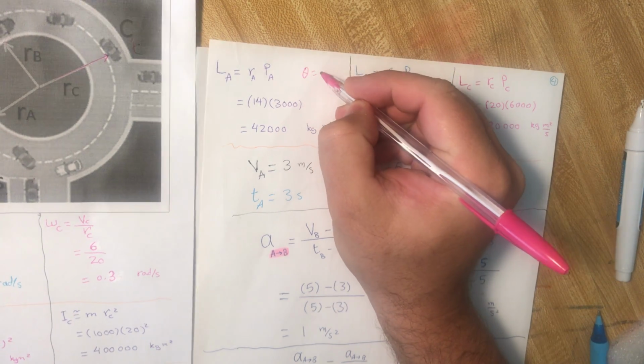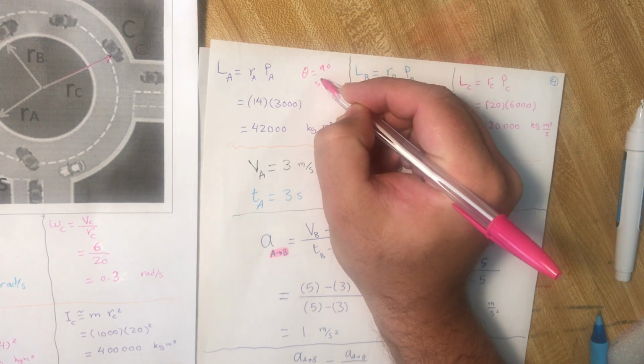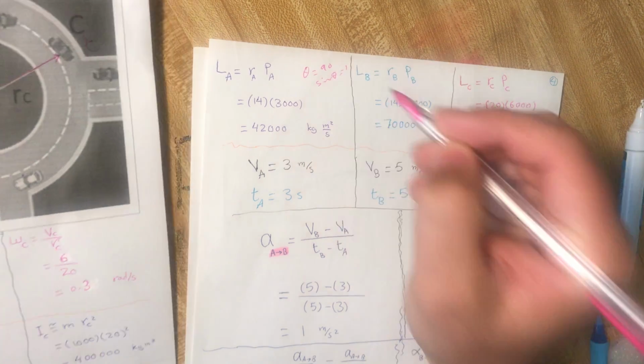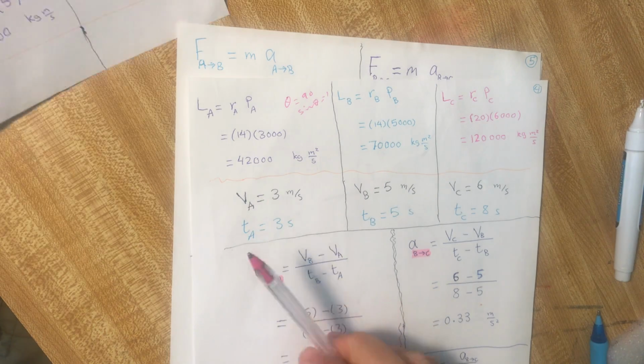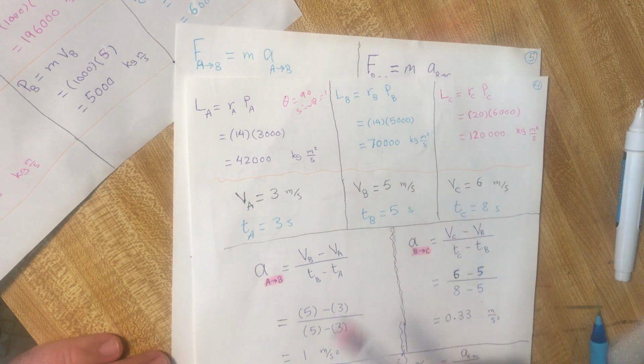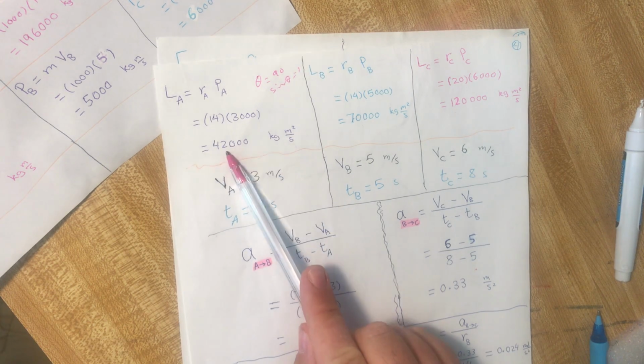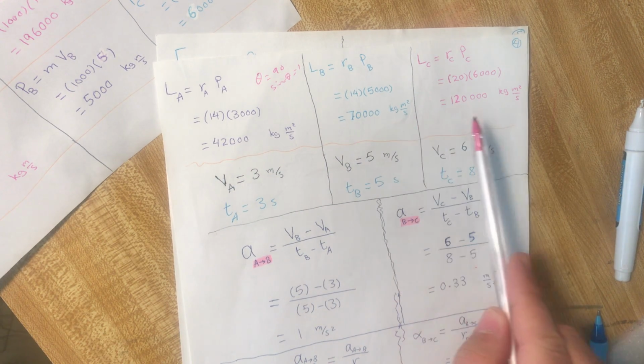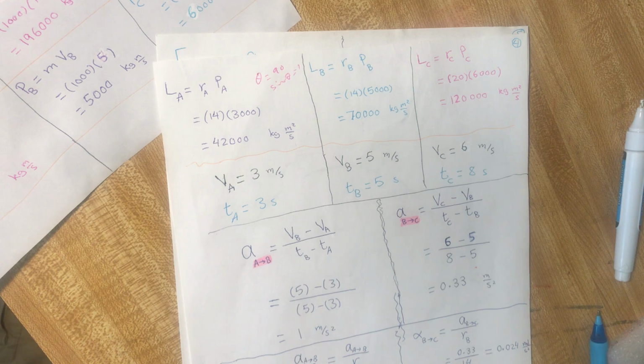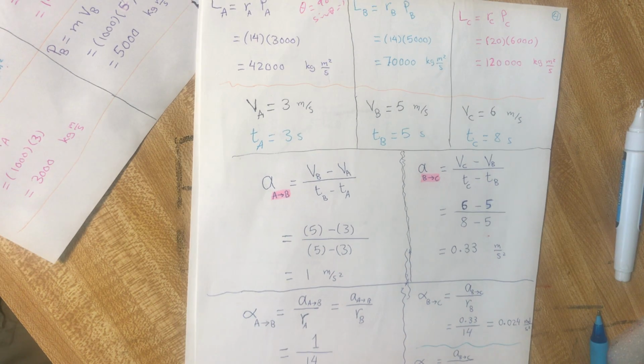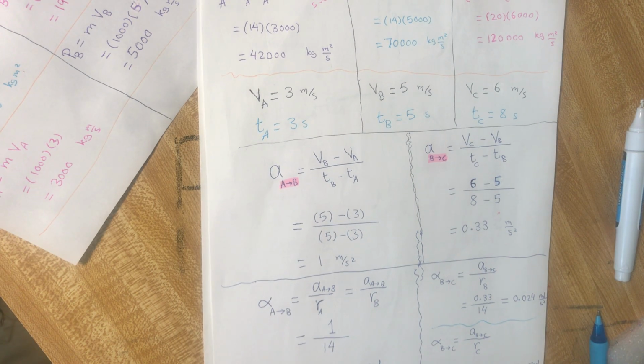So sine theta is equal to 1. This is the angular momentum for the car at each point: 42,000, 70,000, 120,000.